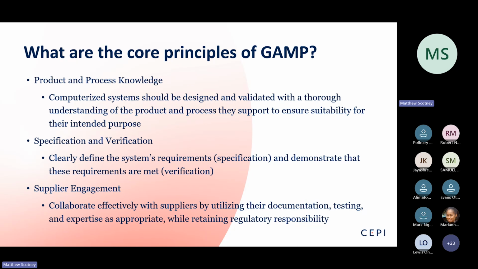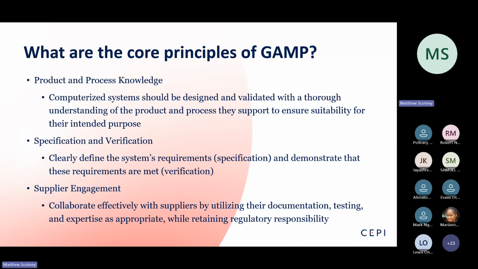So whatever that computerized system is being used to support, we know very clearly what the purpose is. What are we trying to do? What's the intent? And once we've done that, we can then look at things like what's called specifications and verification. In its simplest form, the specifications are telling us what the system is supposed to do, and then verification is telling us, does it actually achieve what we want it to do?